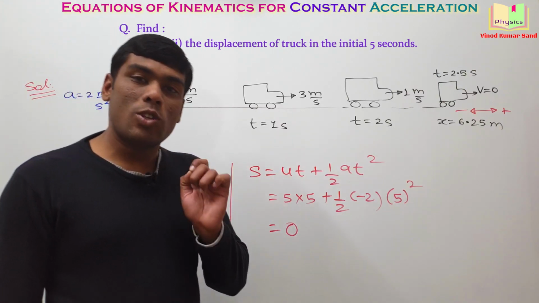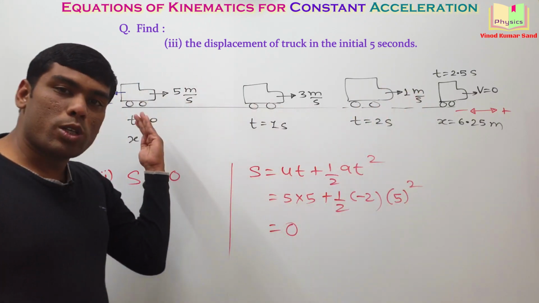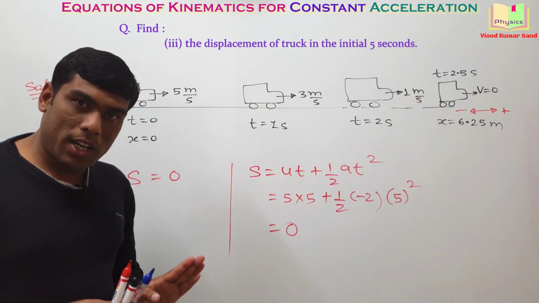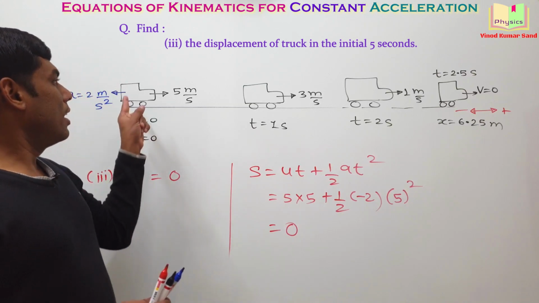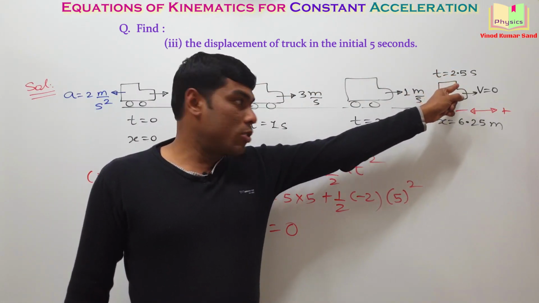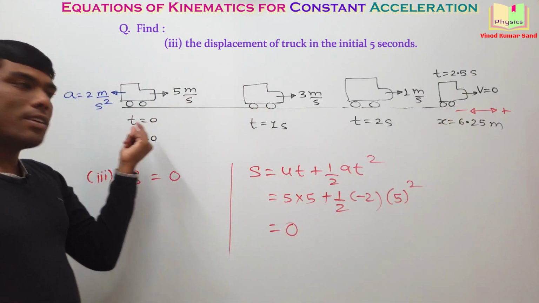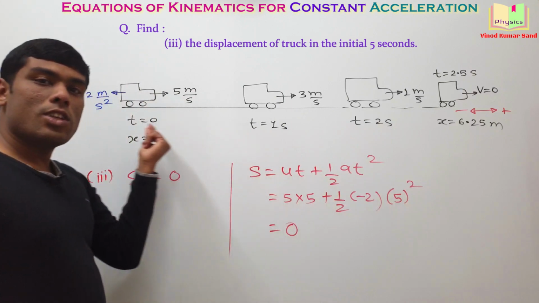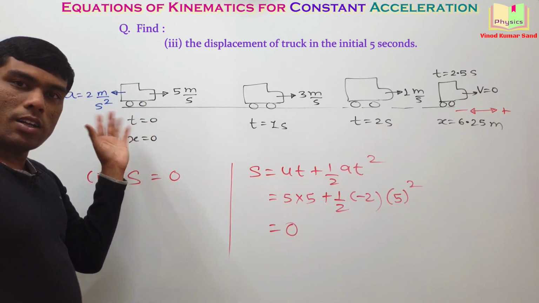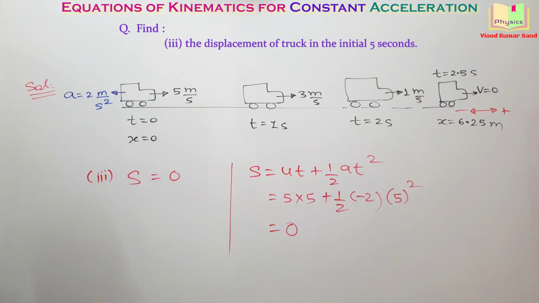Whenever the acceleration is constant, the forward motion and the backward motion are symmetric. Using that symmetry, you can tell in the initial 2.5 seconds, if it has traveled 6.25 meter, then in the next 2.5 seconds, it will again travel back here 6.25 meter. Getting it? You can note it down.